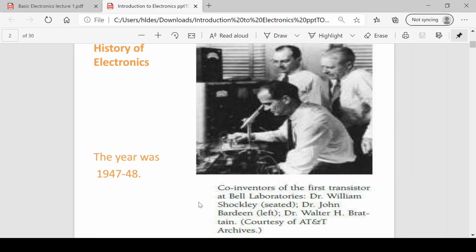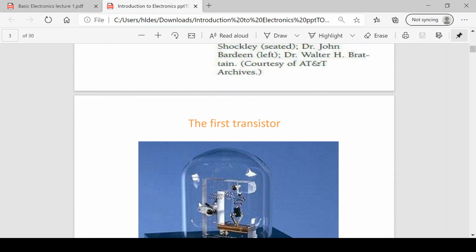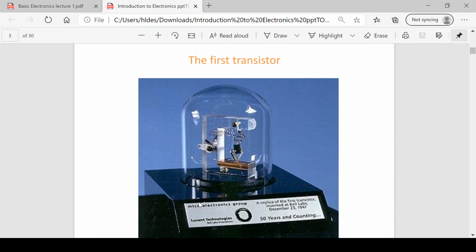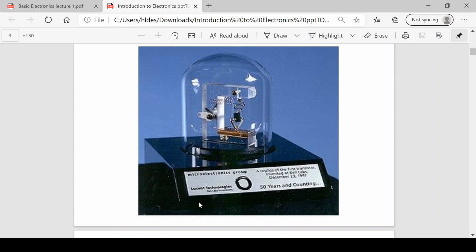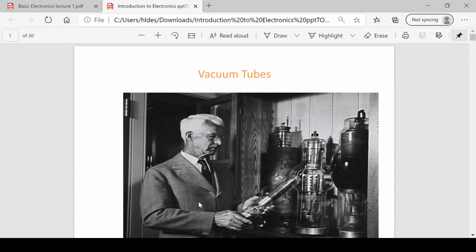And afterward, electronics didn't look back. The revolution started with the invention of a small transistor. The transistor that they invented looked similar to this. It is a replica of that first transistor. It was much smaller than the vacuum tubes that we saw in the first slide.